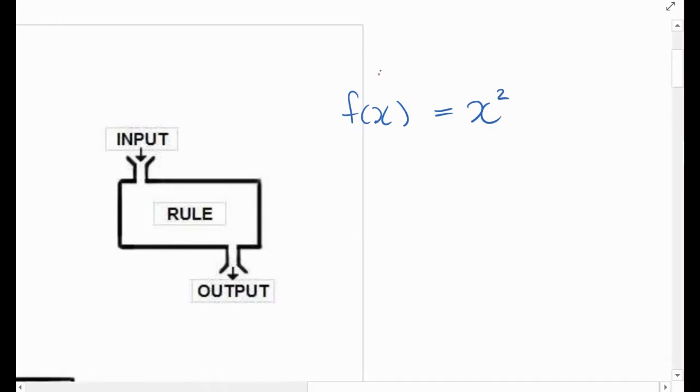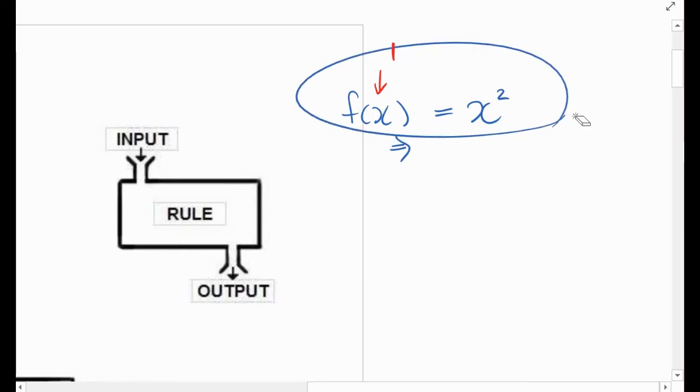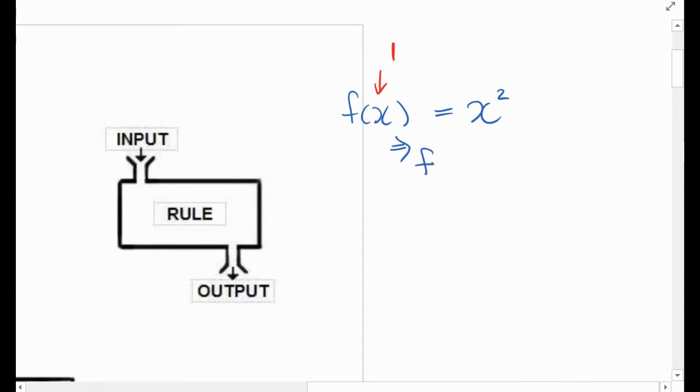If you plug 1 into the function machine, you write it here, right below the rule. You say f of 1, and you have to square it, which is 1. Okay?